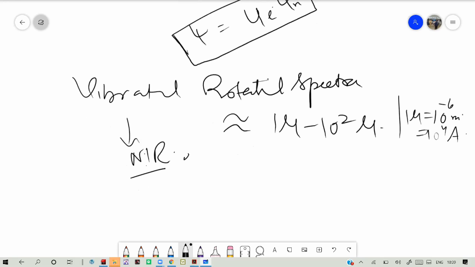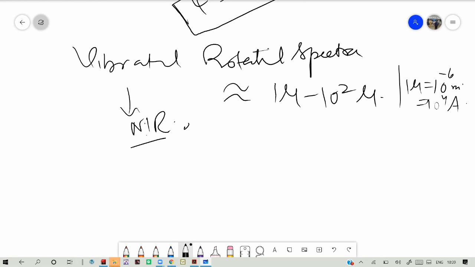And remember that in atomic spectra, we observe line spectra, but in this case in molecules we can observe both absorption as well as emission, but not lines; we observe bands, sets of lines.